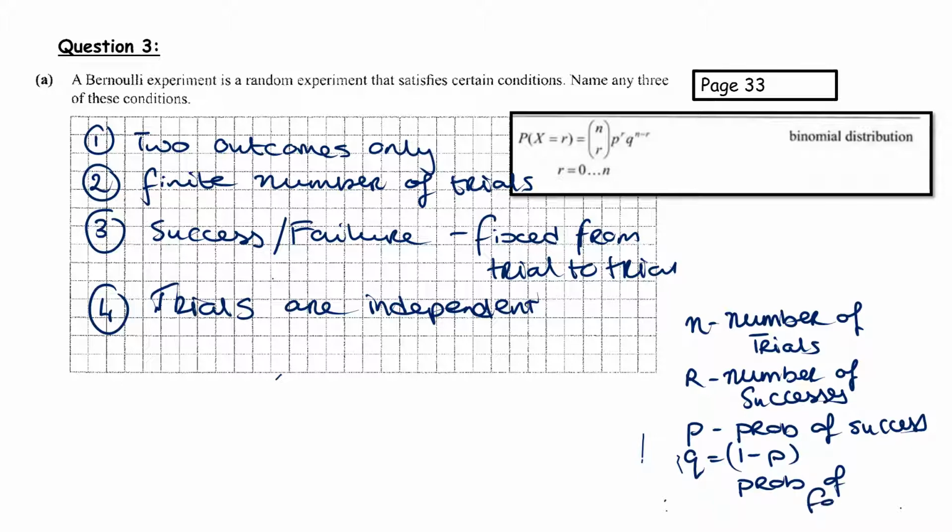And when we say success and failure, it's basically the thing we want and the thing we don't.